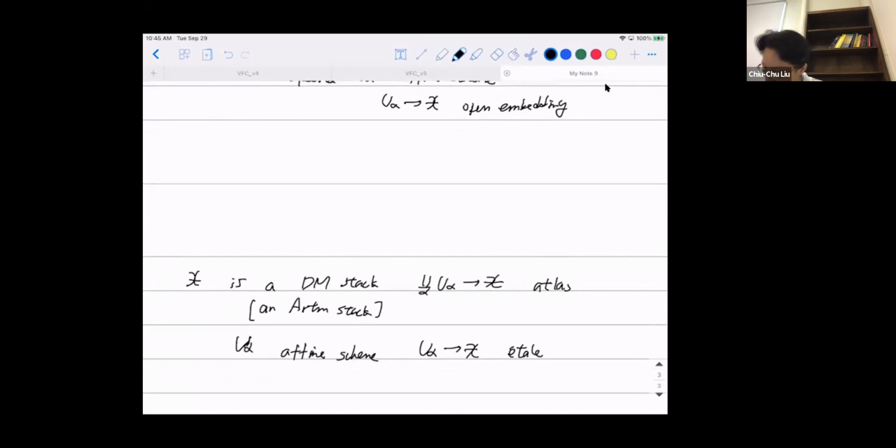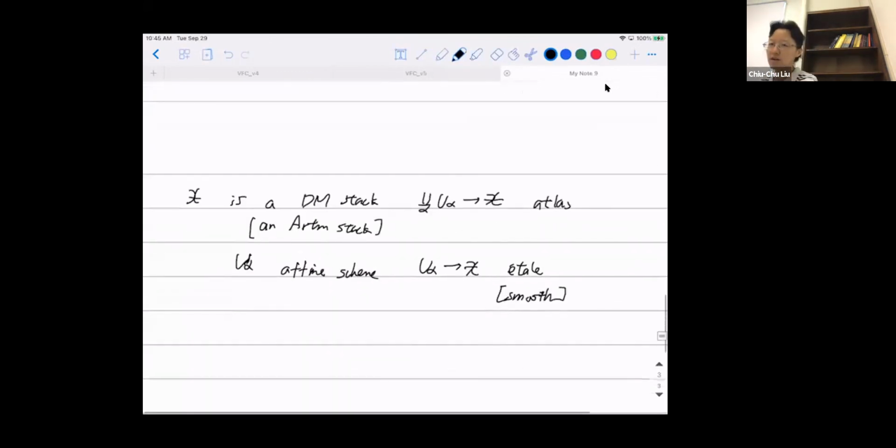And in the Artin stack case, this is smooth.